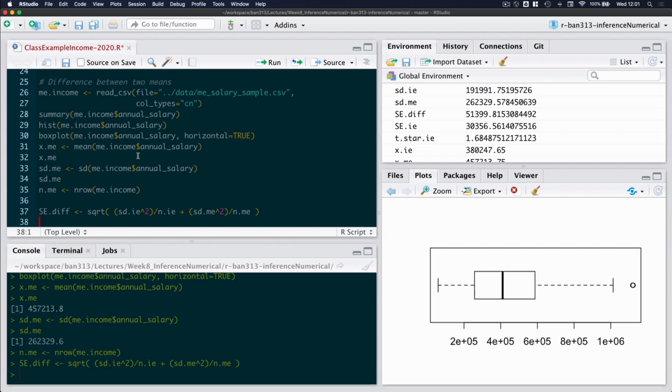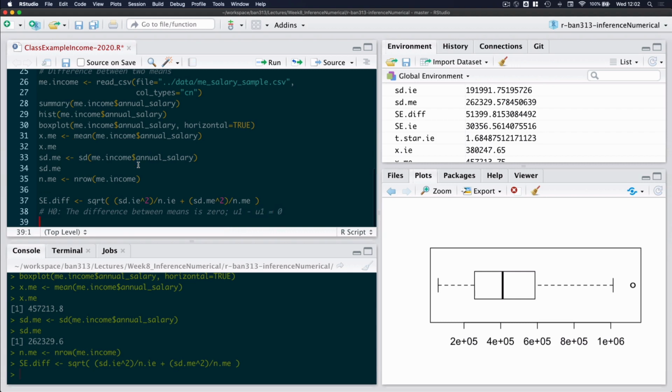Maybe at this point it is worth noting that what I'm kind of moving towards is to have an H0 value that says, let's make it mu1 minus mu2 is 0.